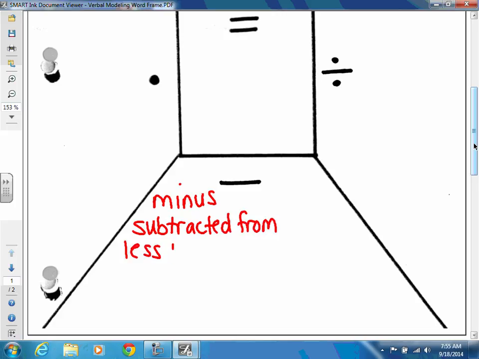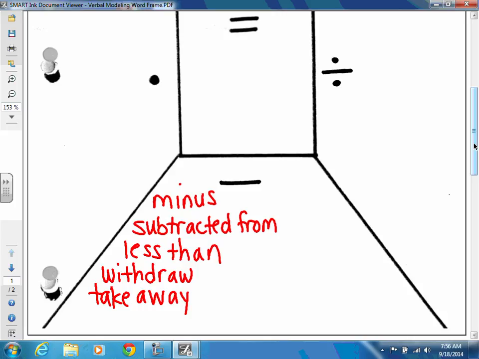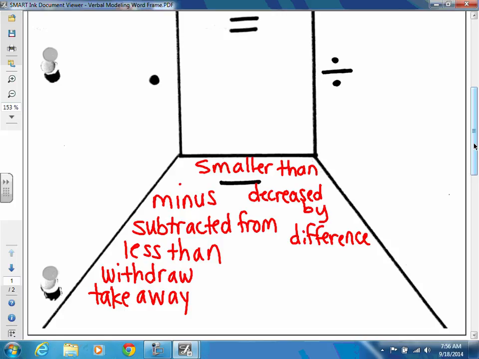The phrase less than, withdraw, such as when you take out money from a bank account, take away, smaller than, decreased by, difference, loses, fewer than, below, and those are pretty much the big ones.